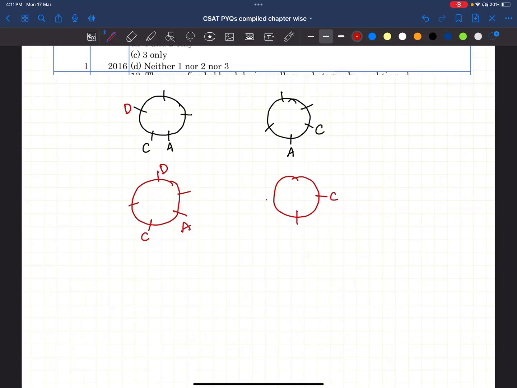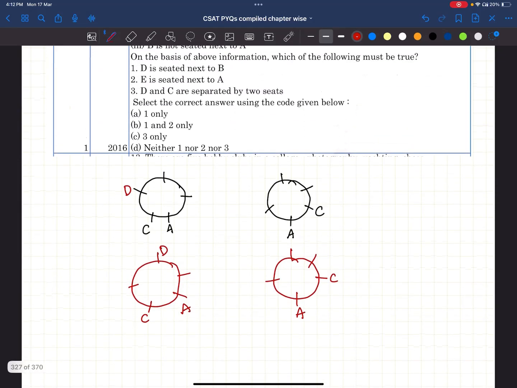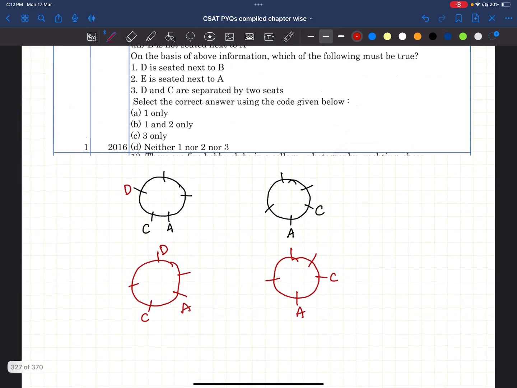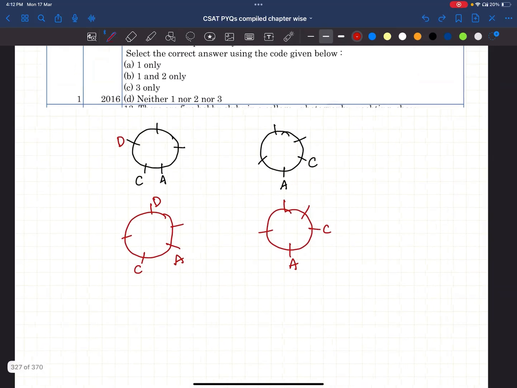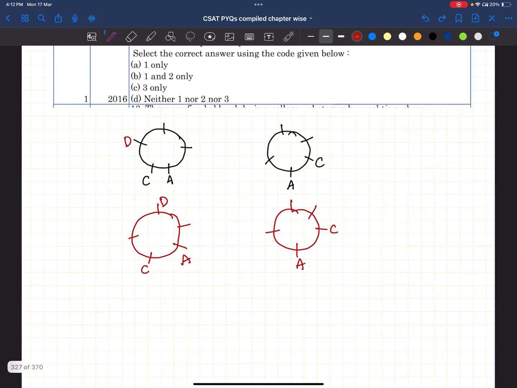A, C, and then D sitting 2 seats away from A. What is it telling? A is seated 2 seats from D, right? That means D can be this one, or D can be this one.